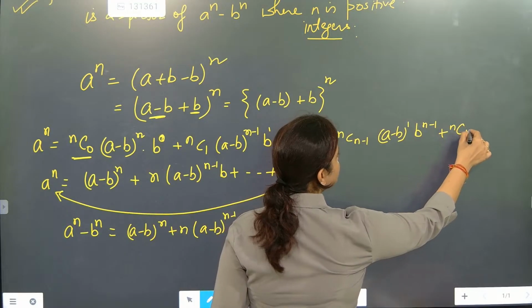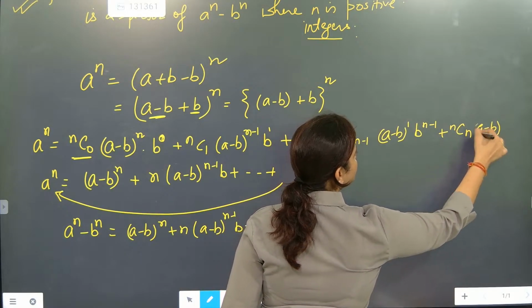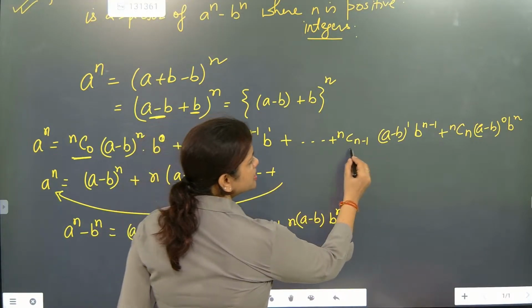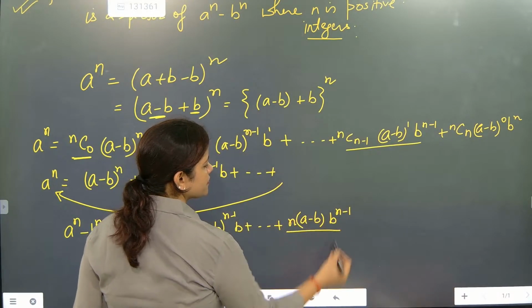Then it will become nCn (a minus b) to the power 0, b to the power n. So this is exactly the value of this term.